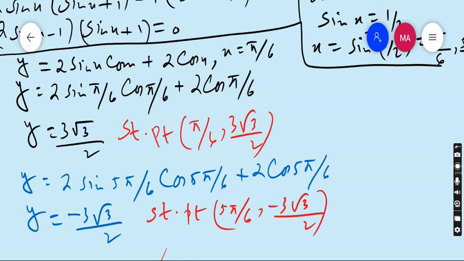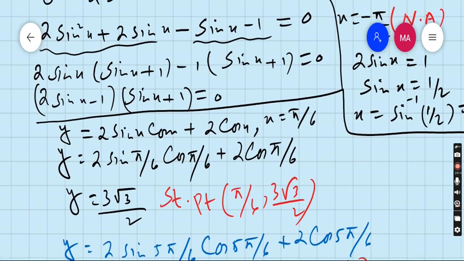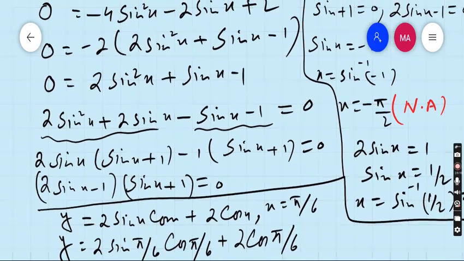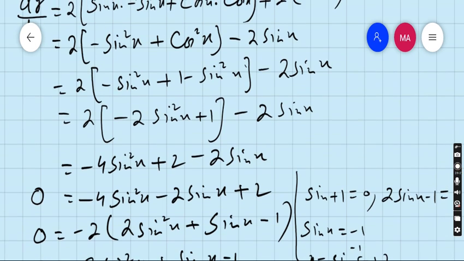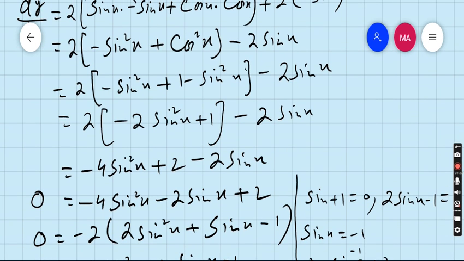Now, the next step is to find the nature of these stationary points. What was the answer of our dy by dx? Kindly check. This is our final answer.